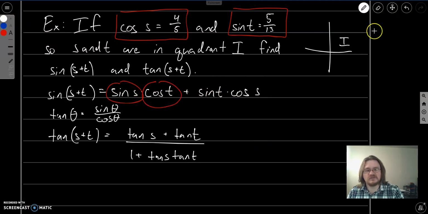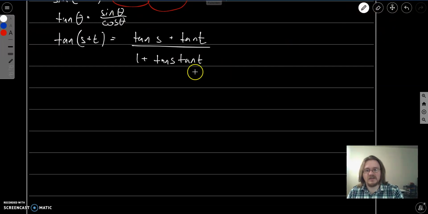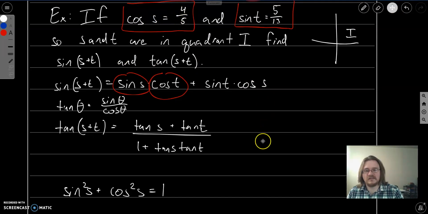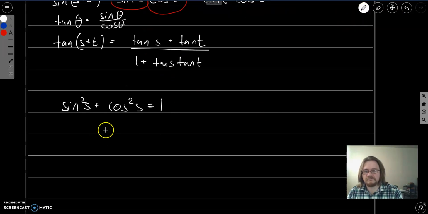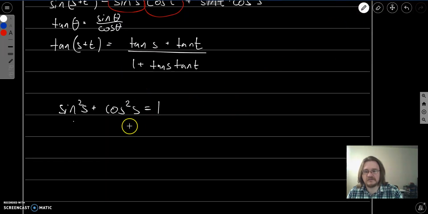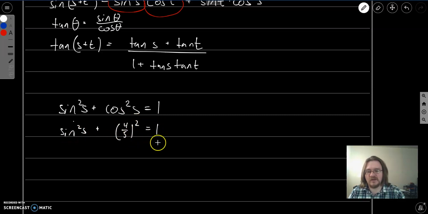And I'm going to use my Pythagorean identity here, because we know that sine squared of S plus cosine squared of S is 1. Cosine of S is 4/5. So sine squared of S, we don't know what that is, but we know that if we add 4/5 squared, we get 1.